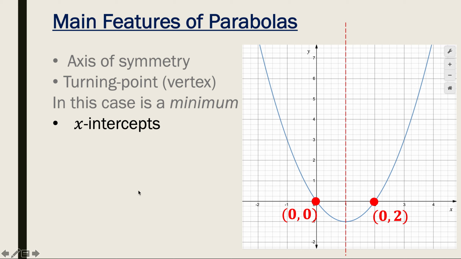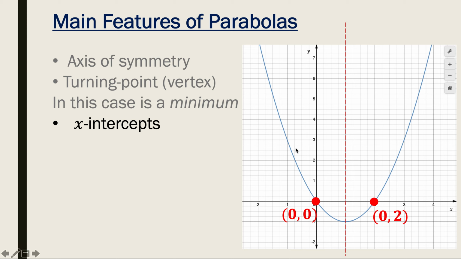The other important feature is the x-intercepts. If we look up here, this parabola is going through the origin, (0, 0), and (2, 0). Now, I just want you to stop here for one second and write this in your notes because this is important. Not all parabolas have x-intercepts.